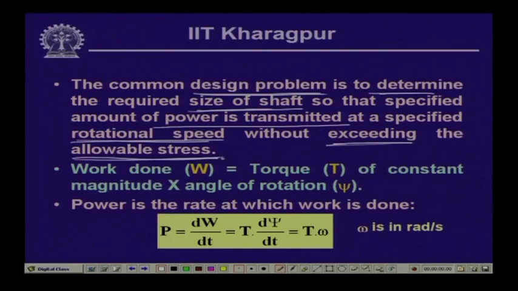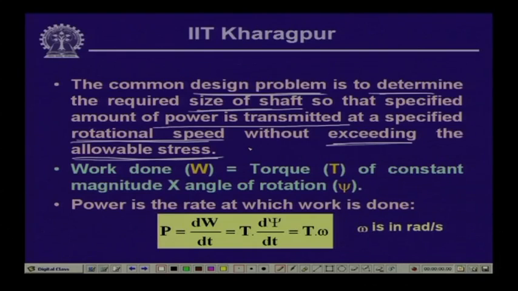And this is important, that from a design point of view, we need to find out what should be the diameter of this particular shaft, so that it can transmit the requisite power as we desire, at a particular rotational speed, without exceeding the stress level in this particular material, and that is the purpose. So, we need to find out what should be the diameter of this kind of shafts.